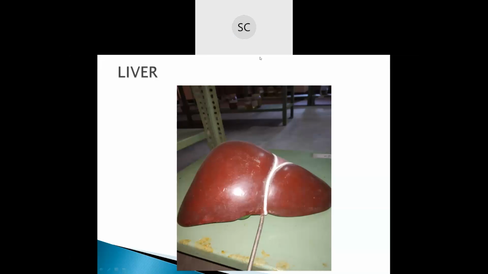The liver also detoxifies. Detoxification means what?